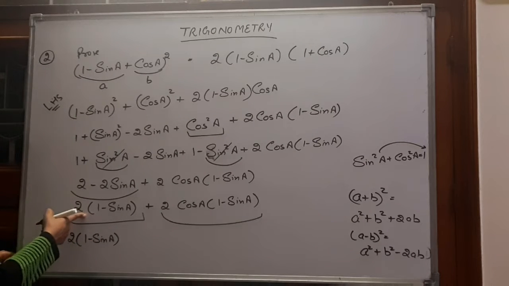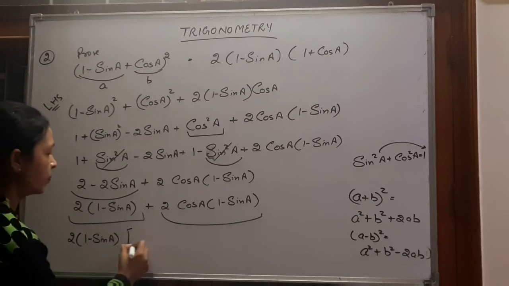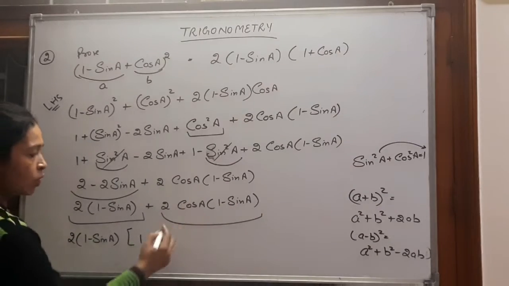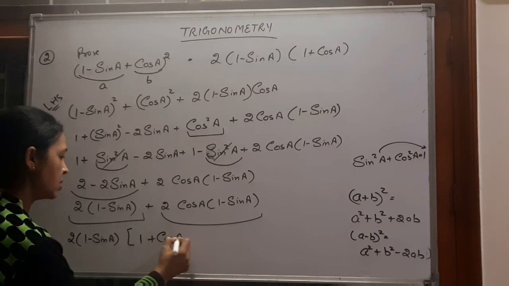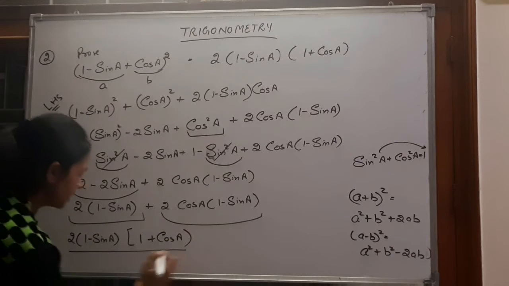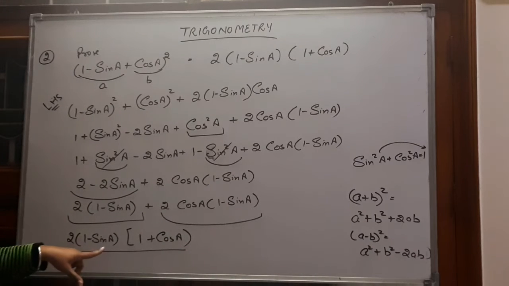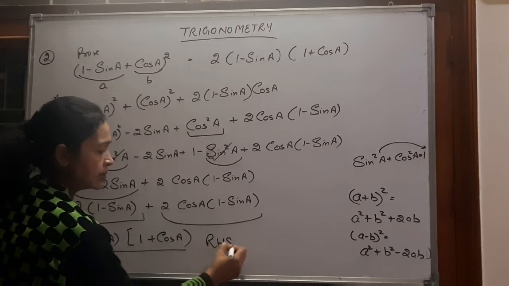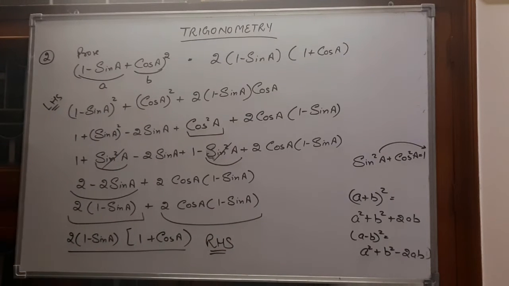What is left here? 1, not 0. Then 1 plus cos A is left. So what is remaining? 2 into (1 minus sin A) and (1 plus cos A), which equals the right hand side. This is our answer.